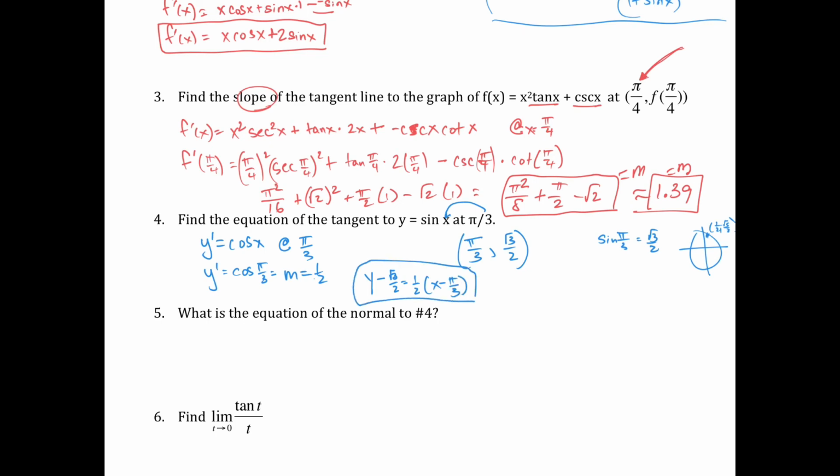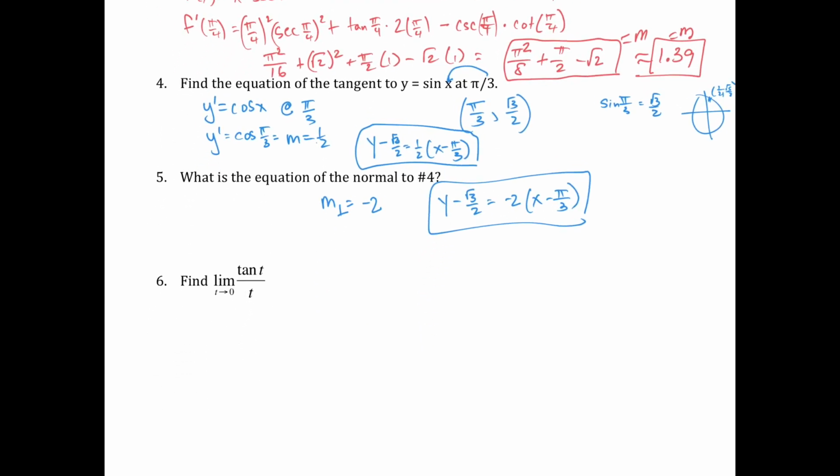That is the equation of my tangent line. The normal, we're going to take the slope, and we want perpendicular, which would be -2. So I end up with the same situation, y minus root 3 over 2 equals -2 x minus pi over 3.